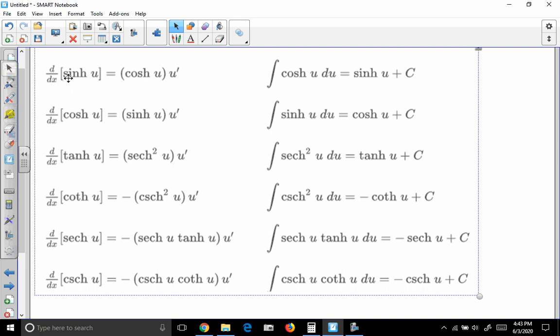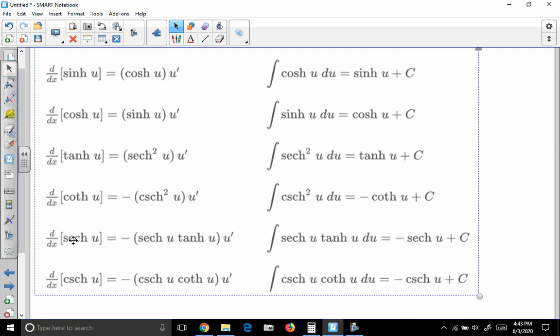Well, the derivative of hyperbolic sine is hyperbolic cosine. The derivative of cosine is negative sine, but for the hyperbolics, it's just positive. The derivative of hyperbolic cosine is hyperbolic sine. The derivative of tangent is still secant squared. The derivative of cotangent is still negative cosecant squared.